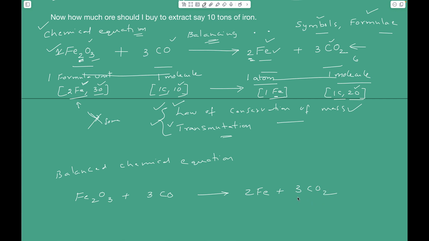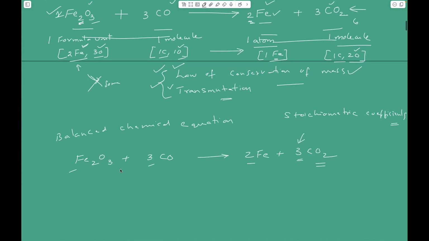Now the coefficient you see before the symbol or formula is known as the stoichiometric number of that substance. And all these coefficients put together are known as stoichiometric coefficients. Now, what do these stoichiometric coefficients tell us?